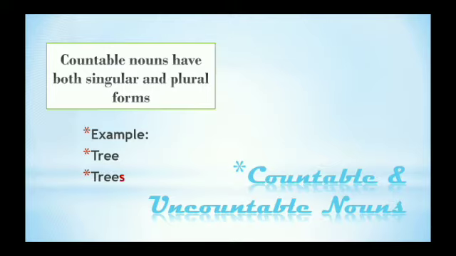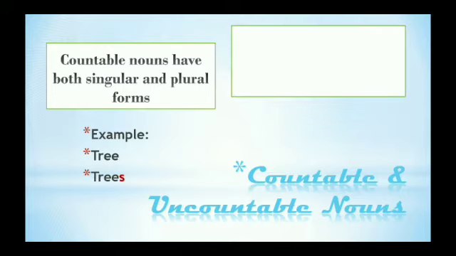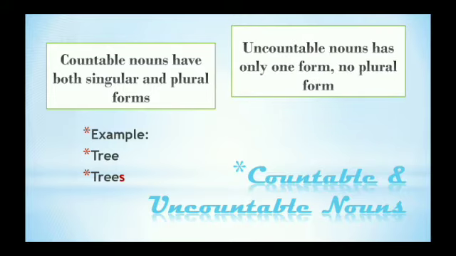So we can have both singular and plural forms in countable nouns. Uncountable nouns have only one form. They have no plural form. They have only the singular form. Example: sugar. We cannot say sugars. It's wrong. So it has only the singular form in uncountable nouns.